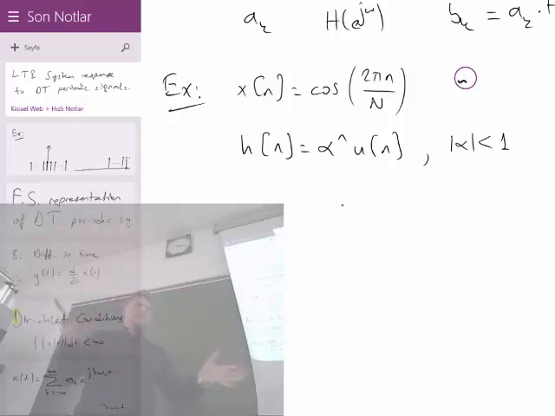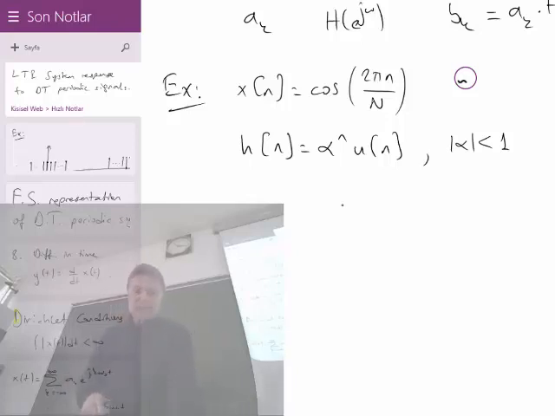So it is absolutely summable. If it is 1, then alpha to the power n will be 1 always, and the summation will be 1 over 1 minus 1, which is infinity. So it's going to diverge. If alpha is greater than 1 in magnitude, it's even worse. It's a growing exponential, so it doesn't converge. But this one is stable, and it is, of course, certainly linear and time invariant. So that was a parenthesis.